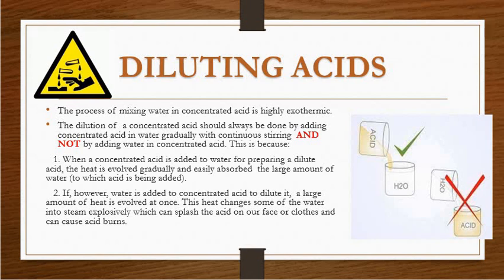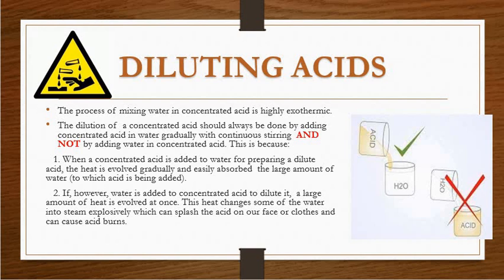Dilution of concentrated acid should always be done by adding concentrated acid to water gradually, by the side of the beaker, very slowly and with constant stirring. It should not at all be done by adding water to the concentrated acid.